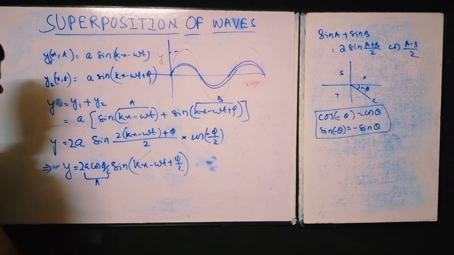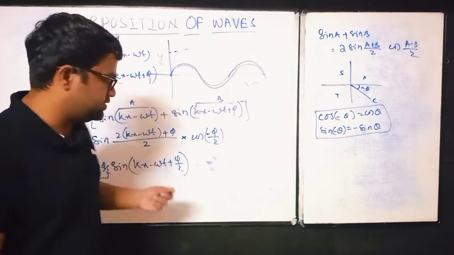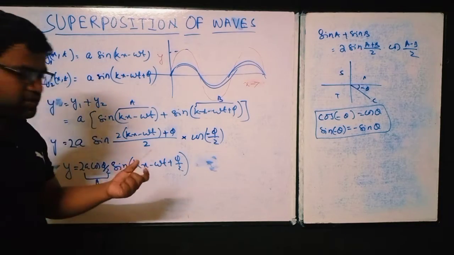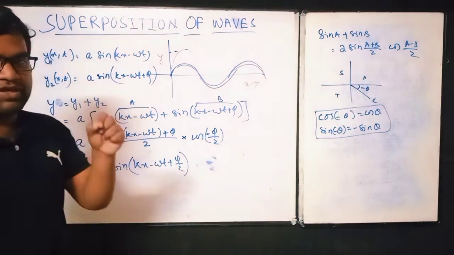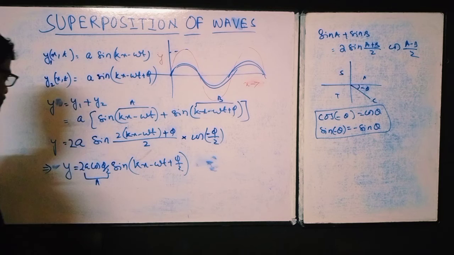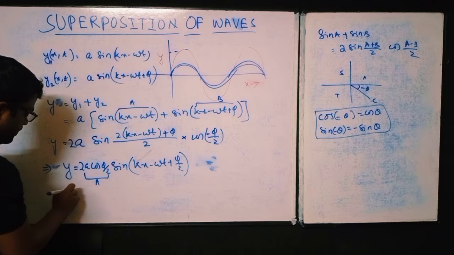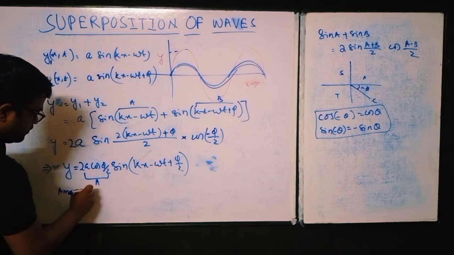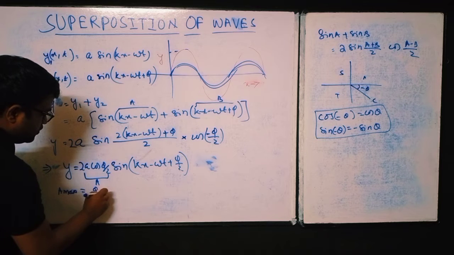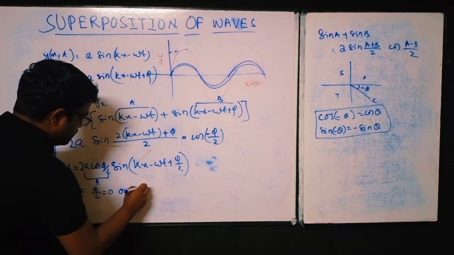Cos phi by 2 is maximum when the angle is 0, because cos 0 is 1. The cos function values range from 1 to minus 1, and the maximum value is 1. So cos phi by 2 becomes 1 for theta equal to 0, where theta is phi by 2. The amplitude is maximum for phi by 2 equal to 0, that is, phi equal to 0.